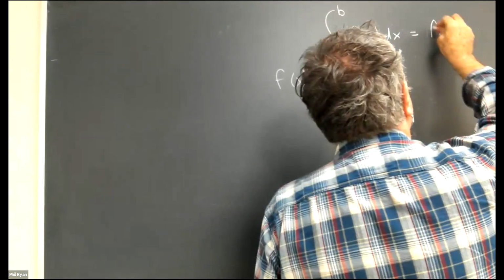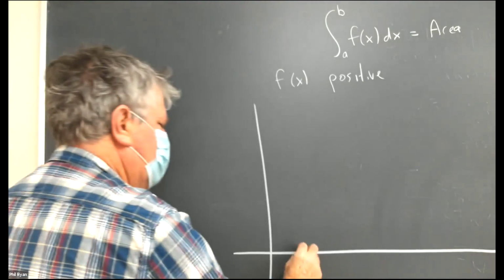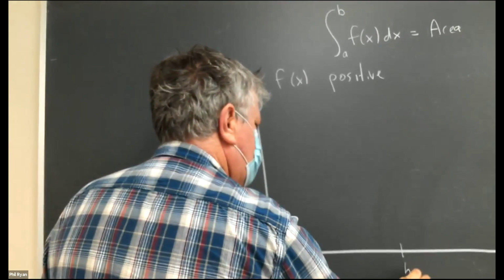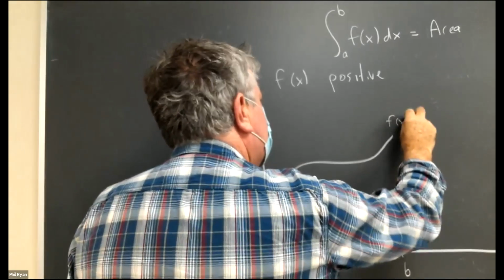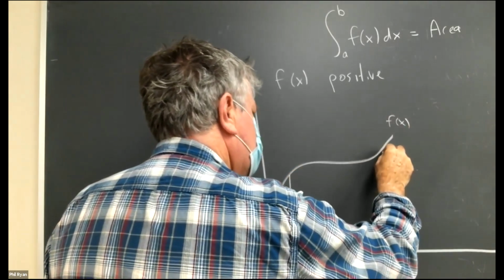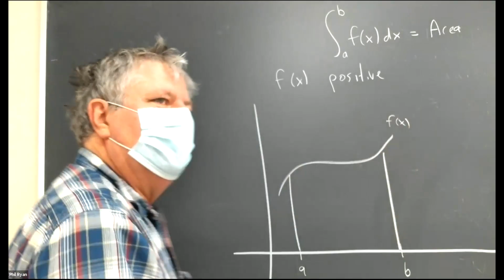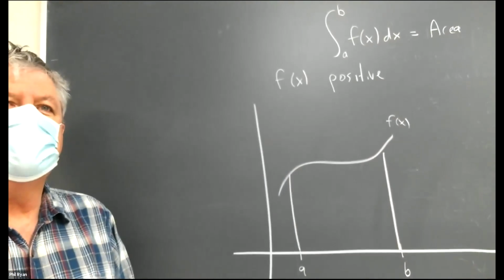Okay. So here is our A, here is our B, here is our f of x. And we see that when we do this integral, what we're doing is just adding up all these little rectangles.